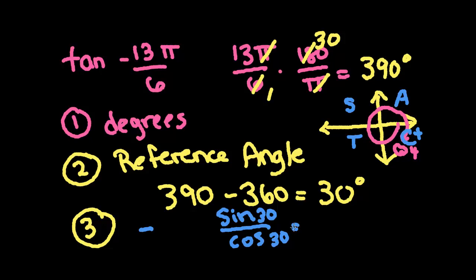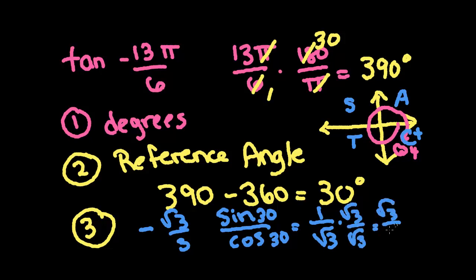And that ends up being square root 3 over 3. Because you end up, remember, getting 1 over the square root of 3, and you have to rationalize that into square root of 3 over 3. So our final answer becomes negative square root 3 over 3.